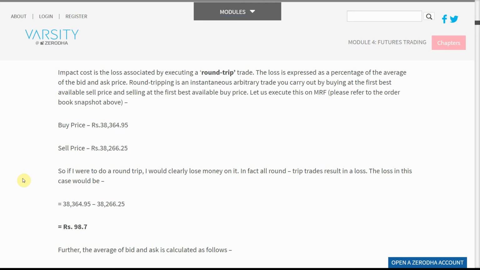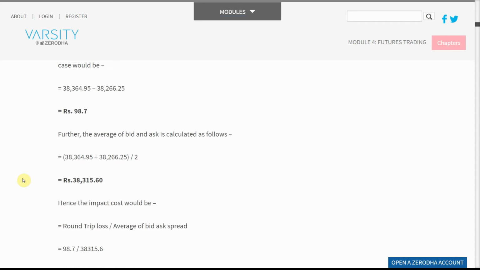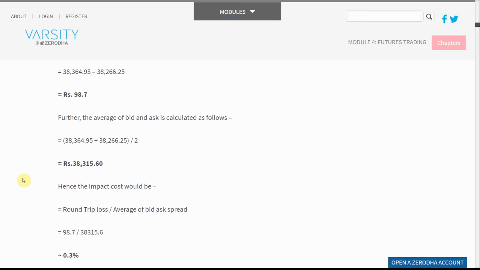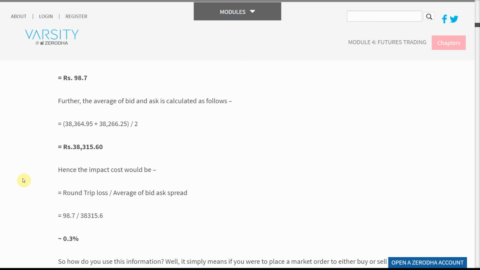The loss in this case would be equal to 38,364.95 minus 38,266.25, which equals Rs 98.7. Further, the average of bid and ask is calculated as follows: 38,364.95 plus 38,266.25, divided by 2, equals 38,315 rupees and 60 paise.